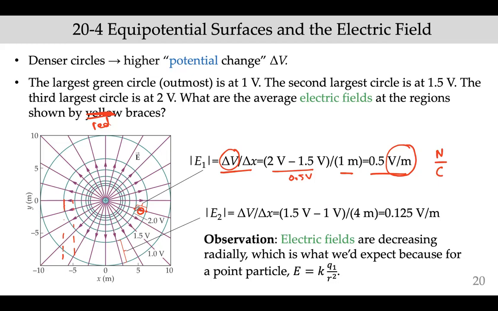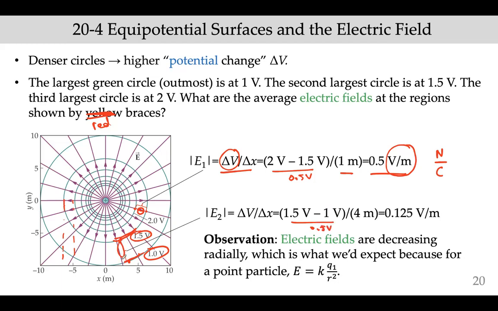Okay, now we are going out, away from the charge. Now we will calculate the electric field in this region. Now the voltage difference between these two points: this was at 1 volt, and this equipotential curve was at 1.5 volts. Again, the difference is 0.5 volts.